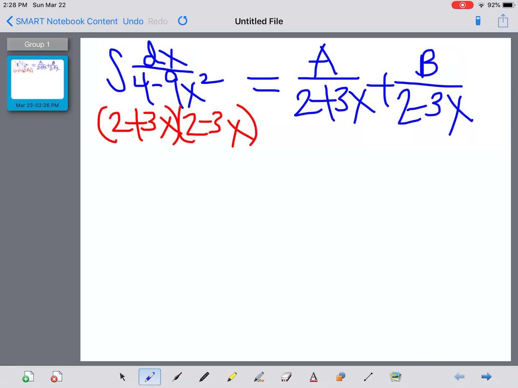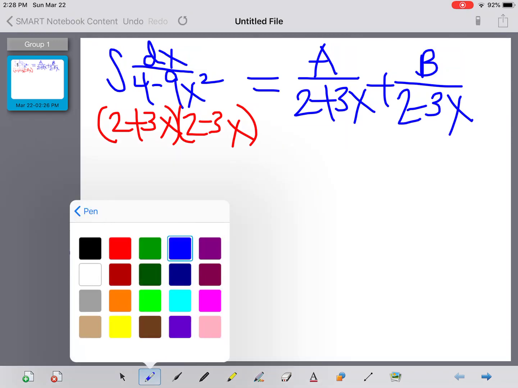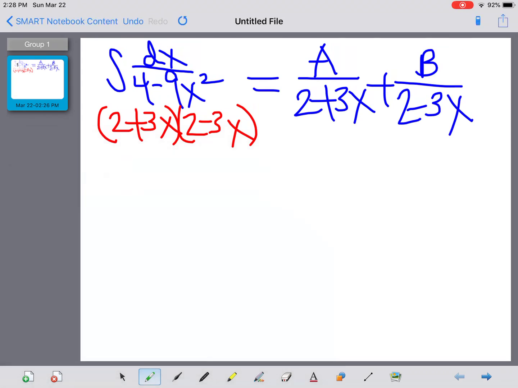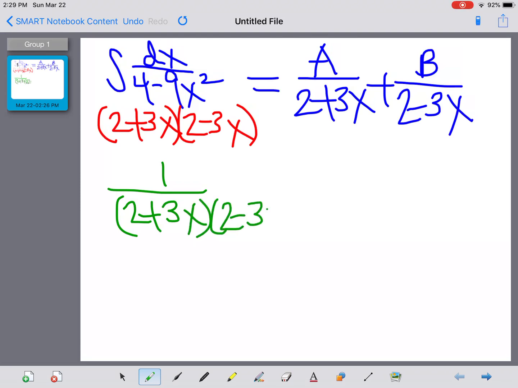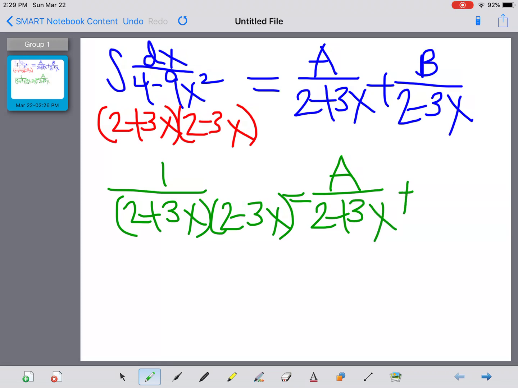So what we do is bring down our beginning problem. Bring down your fractions. And actually our common denominator is 2 plus 3x times 2 minus 3x.